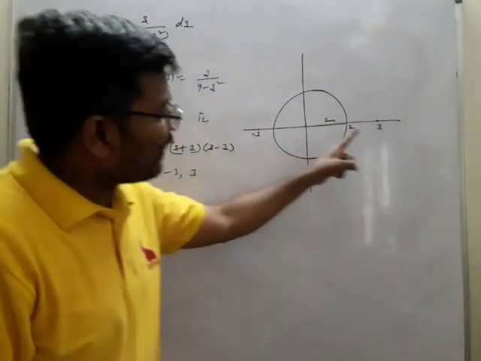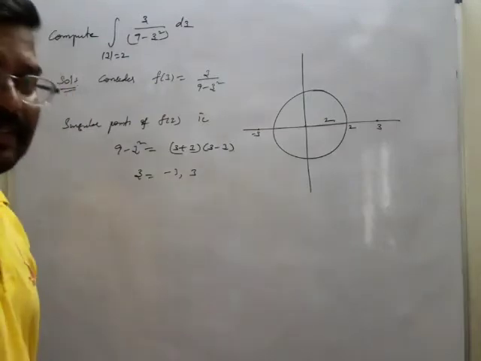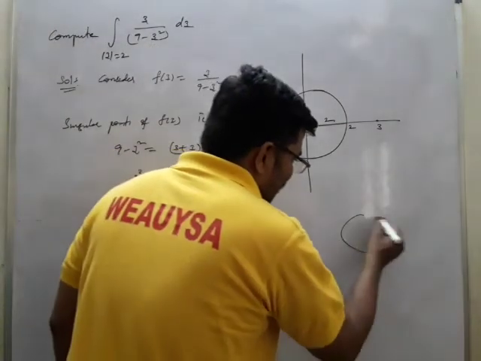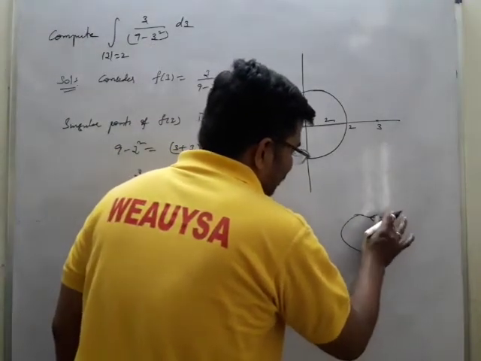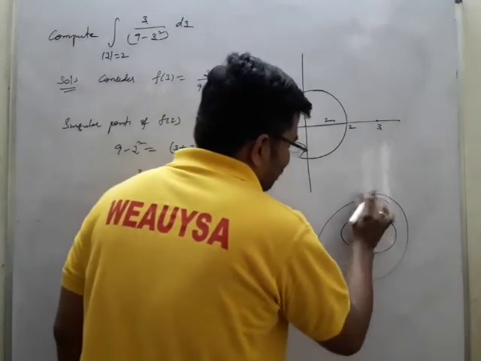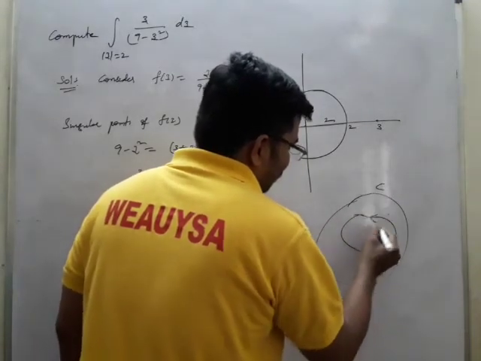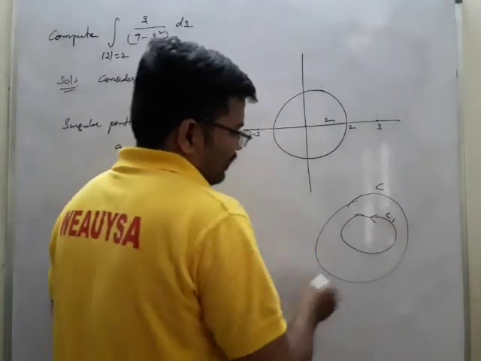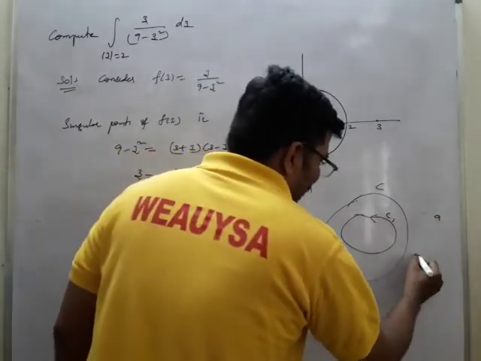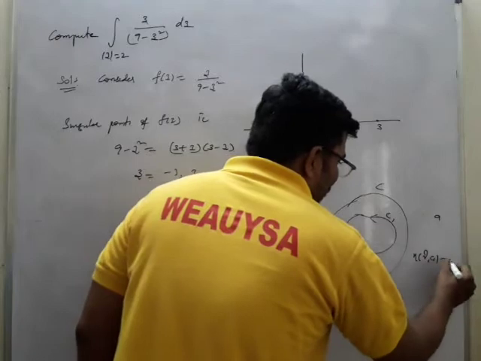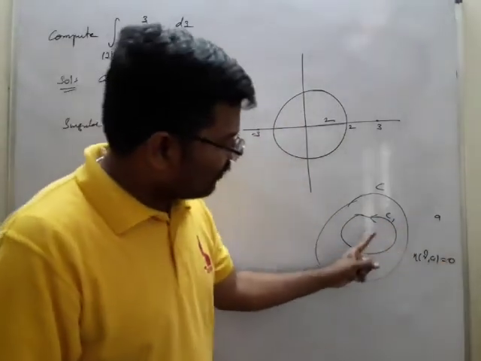Whenever the point lies outside, we have one theorem already done: for a curve gamma, n of gamma comma a is 0 when the point lies outside.